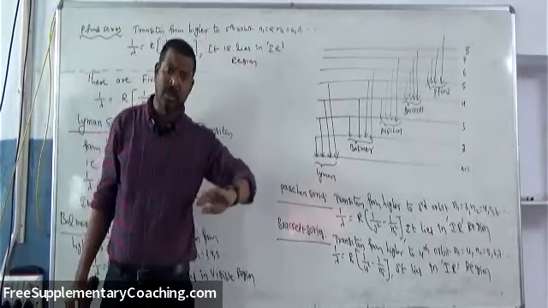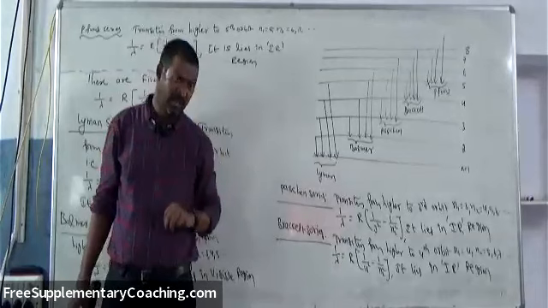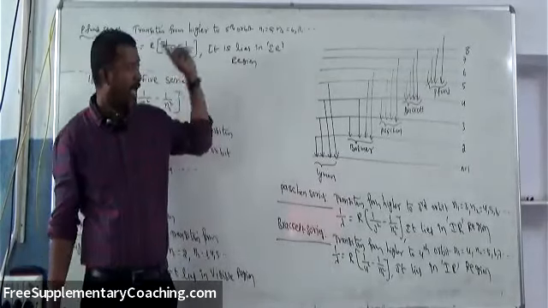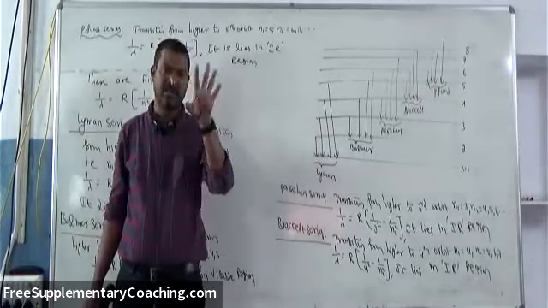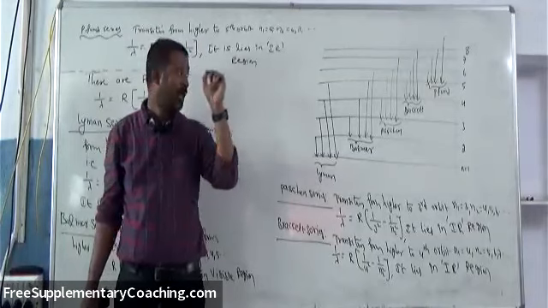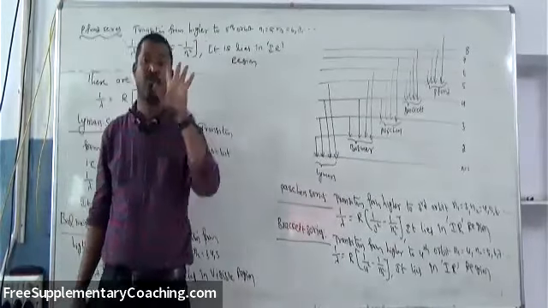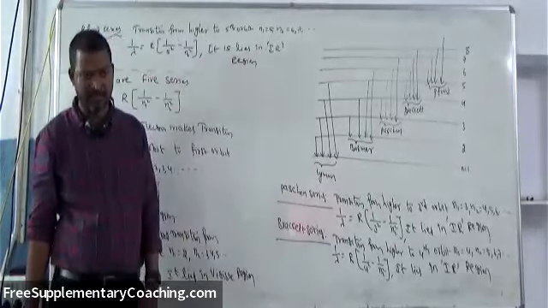Higher to third orbit means the third series called Paschen series, in the infrared region. Higher to fourth orbit means Brackett series, infrared again. The last one is the Pfund series, which makes a transition from higher to fifth, that also lies in the infrared region.